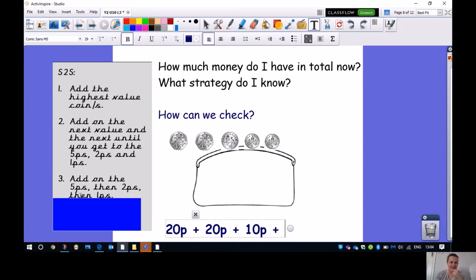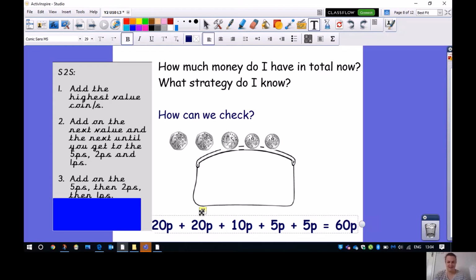So 50 add 5 is 55. 55 add 5, 55, 56, 57, 58, 59, 60. So the answer is E. So this purse has 60p in it. So I'm adding my highest value together first until I get to my lower coin values.